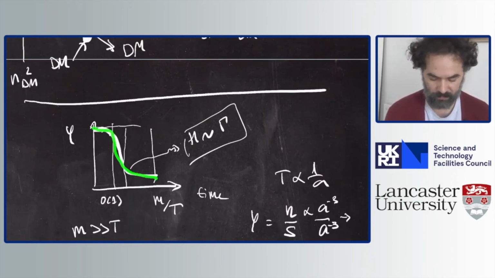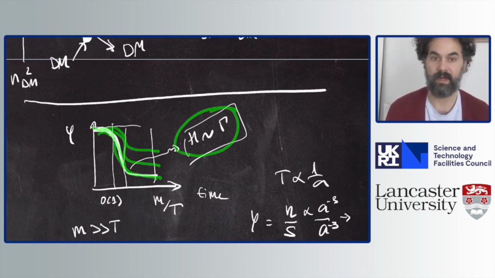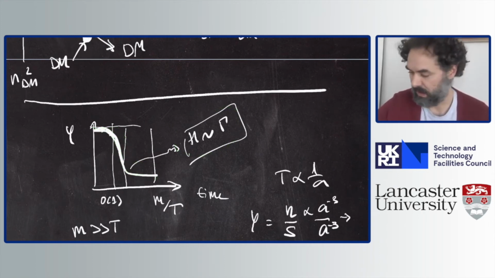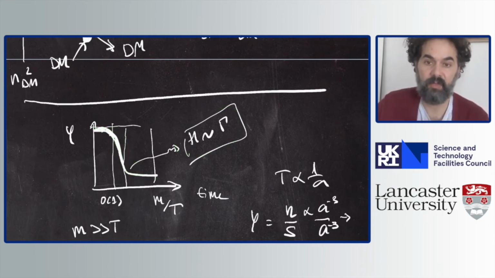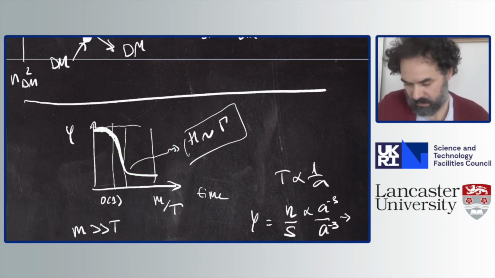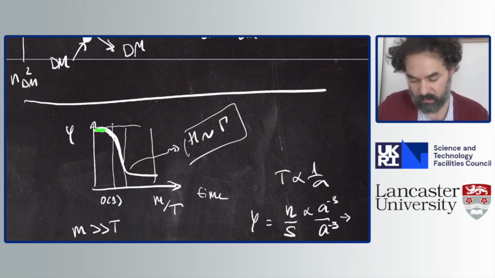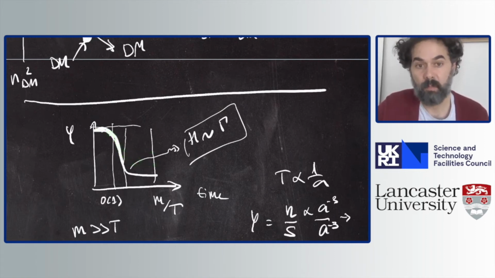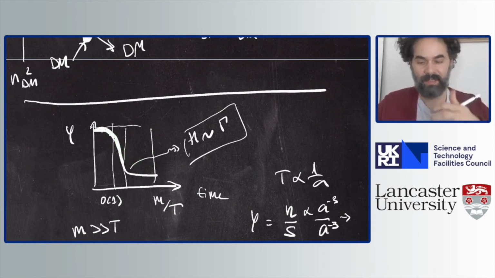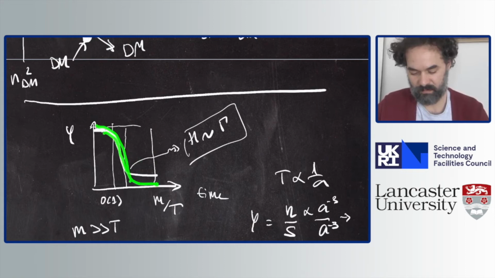How this happens, and how much you create or annihilate, depends on how fast you reach this condition. It is kind of counterintuitive that the higher the cross section, the smaller the yield. Because if you have a higher cross section, you stay in equilibrium for longer, and then you disappear more, because you have been following this for a longer time.